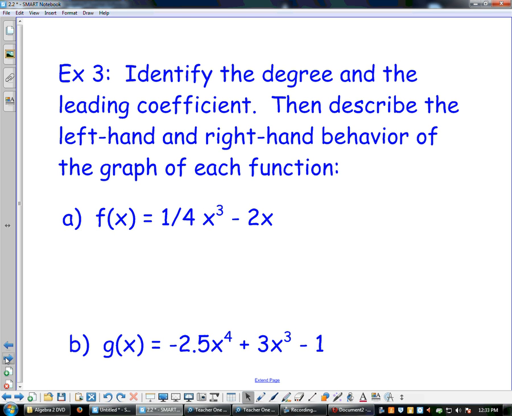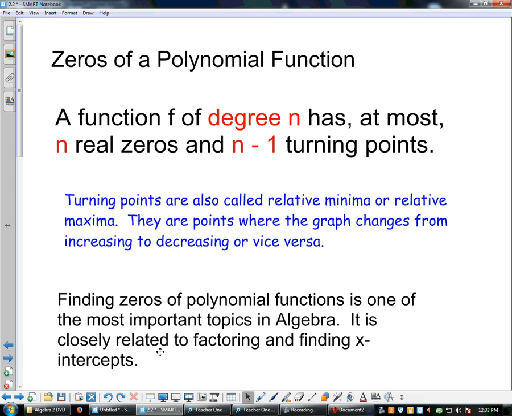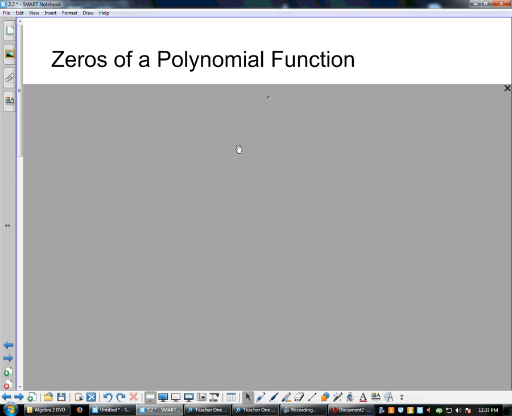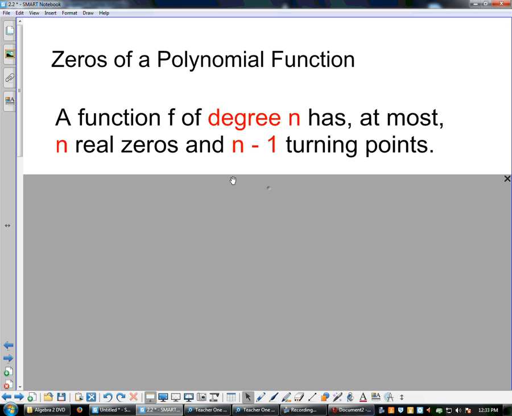Okay, so let's talk about zeros as I was just mentioning. Zeros of a polynomial function. A function f of degree n has at most n real zeros and n minus 1 turning points.